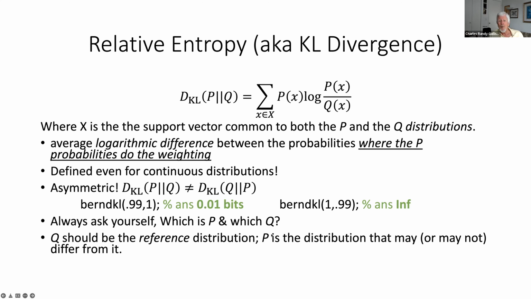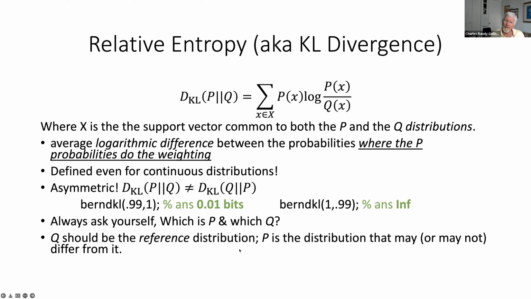Okay, the practical importance of this is that when you start to use this, you have to think to yourself, which distribution do I regard as the Q distribution and which do I regard as the P distribution?